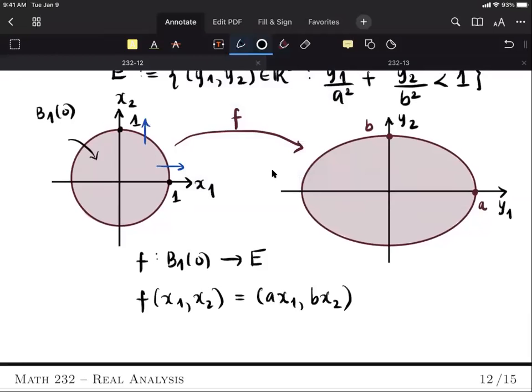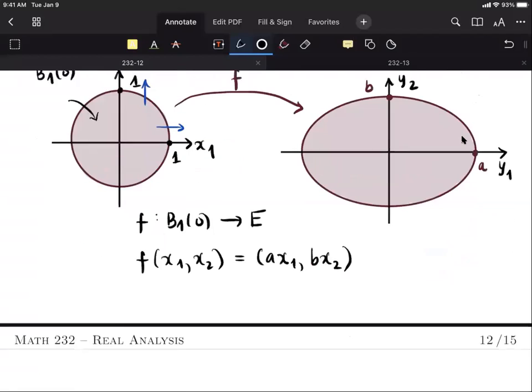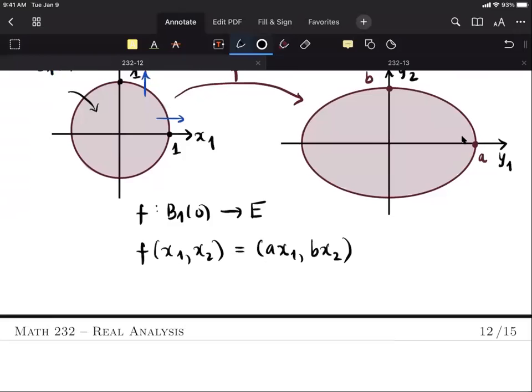And you can immediately see that indeed this maps the unit ball to the interior of this ellipse E.